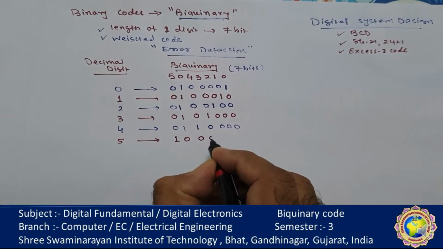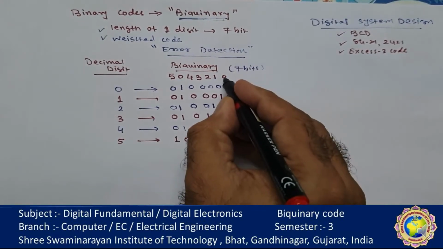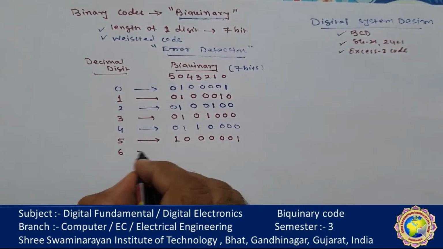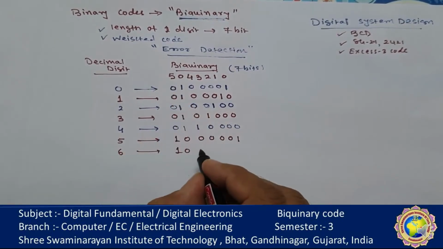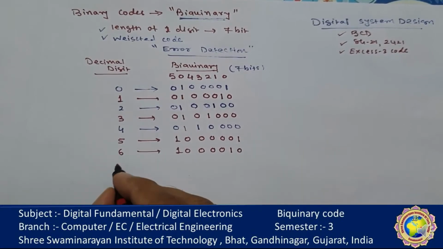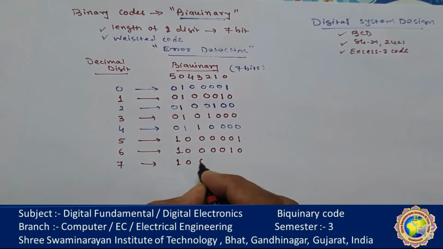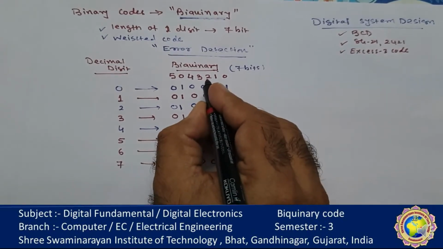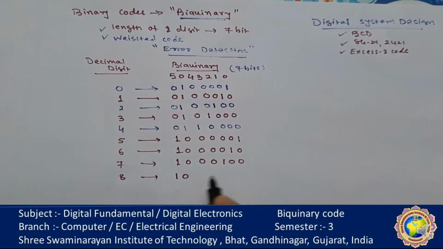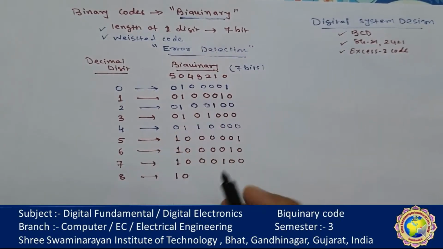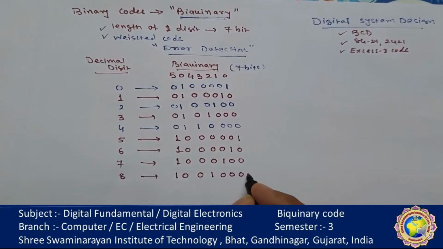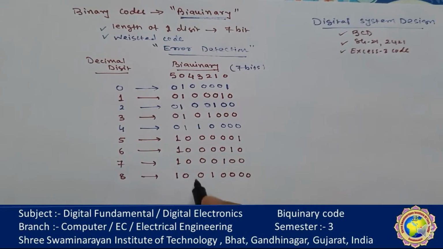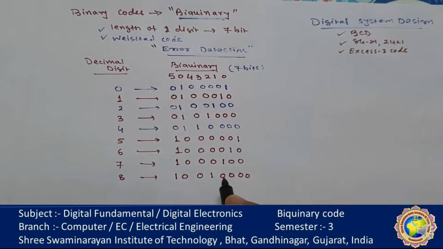After 5 there is no need to add any more bits, only 0 is added. 6 is 1 0 with 5 plus 1, so the second last bit is 1. 7 is 5 plus 2, so the third bit weightage is 2. 8 is 5 plus the fourth bit from the left. Sorry, 9 is 1 0 1 1 0 0 0.